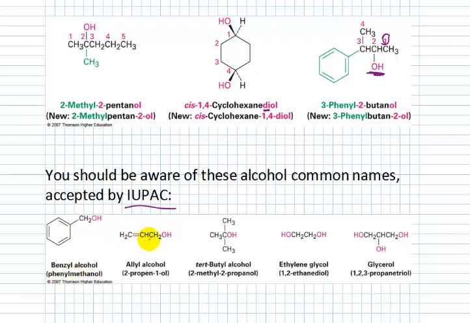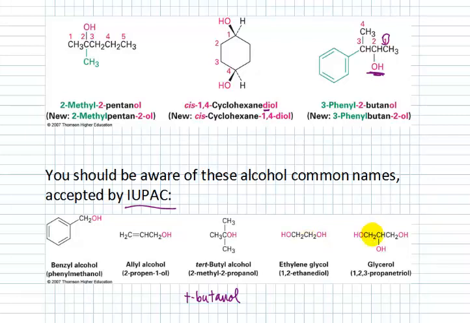If I have a 3-carbon alkene with an OH on the non-double bonded carbon, that's called allyl alcohol, A-L-L-Y-L, says the OH is in an allylic position next to but not attached to the double bond, right? So allyl alcohol. Here's tert-butyl alcohol. There's the tert-butyl group, sometimes also known as t-butanol. 1,2-ethanediol is commonly called ethylene glycol, a common ingredient in antifreeze.